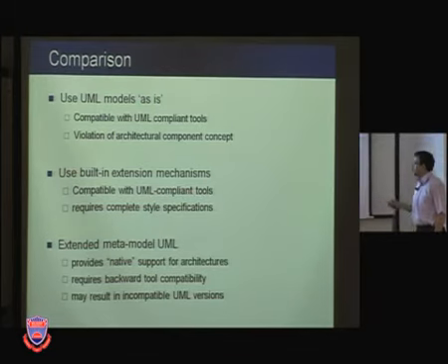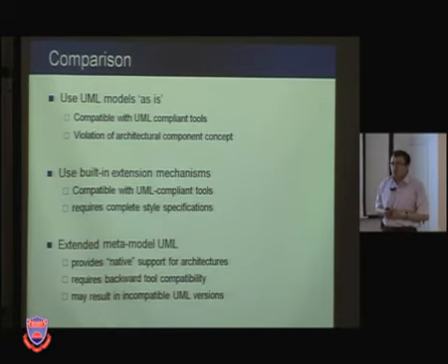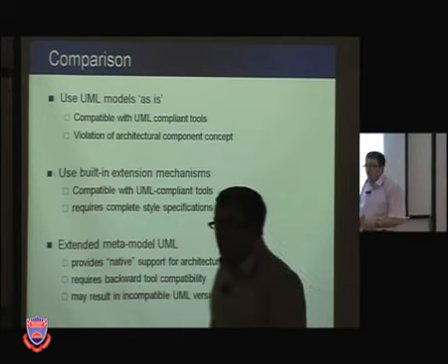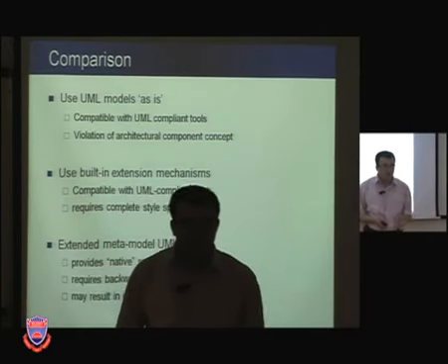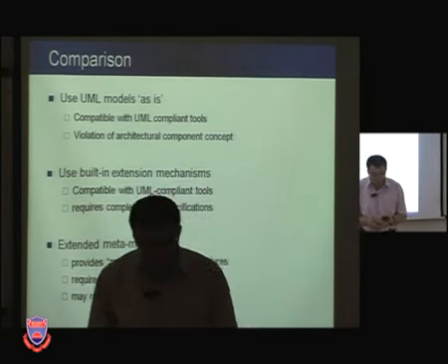Here, the second approach was to use built-in extension mechanisms. Here, we don't change the UML meta model at all. We just borrow existing elements, we just stereotype, and that's it. The only thing that you need to do here is to define the style specification. What do you mean by architecture? In UML 1.x it was quite informal, but in UML 2 there are more formal ways to do that, but you have to do that.